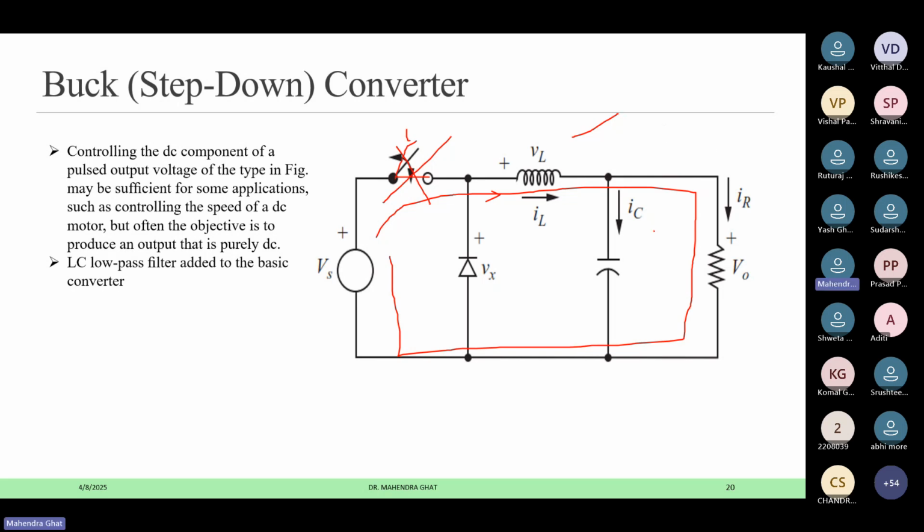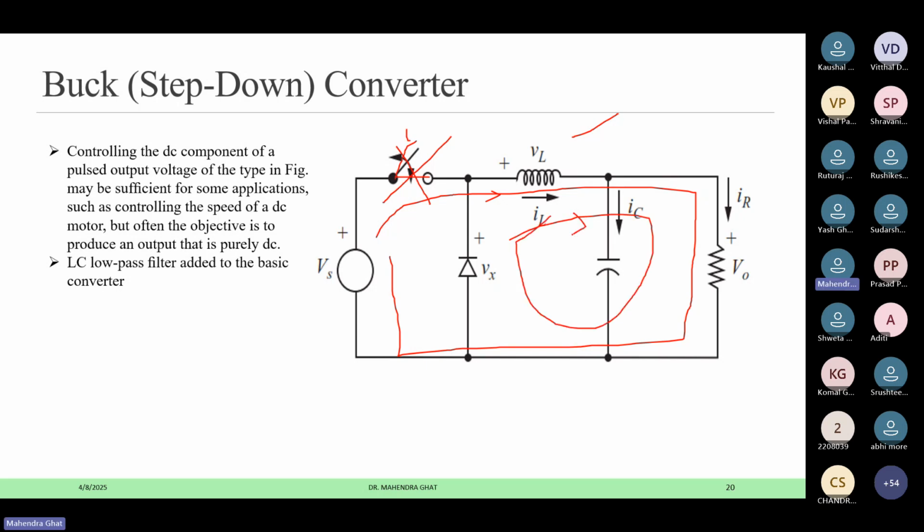Okay, now this is the current, and we already have the current flowing through the inductor, and this is the load. So what will happen once you turn off this switch? Whatever current is there, it will try to flow through this diode. So you will get the path like this.